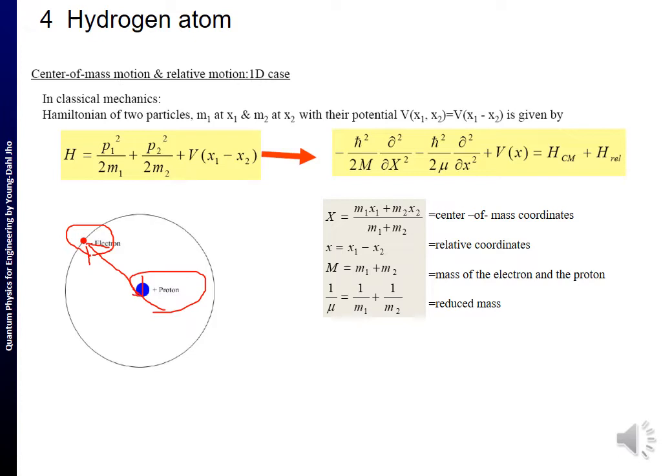Here we need to consider two particles. So the Hamiltonian is now split into different parts. You can consider the proton to be particle 1, the electron to be particle 2. Then you need to consider the kinetic energy of particle 1, and then the kinetic energy of particle 2, and then the potential energy. So we only solved one particle problem before.